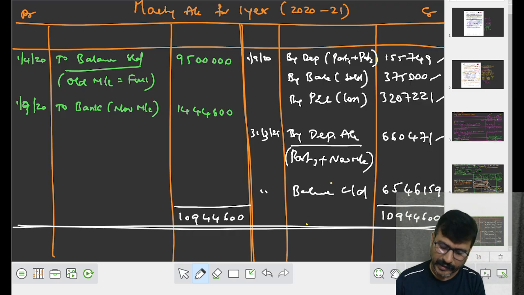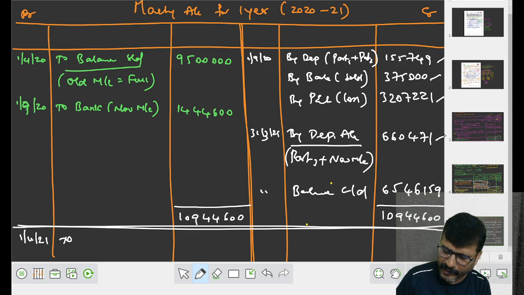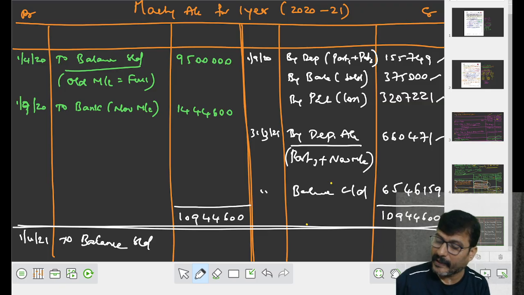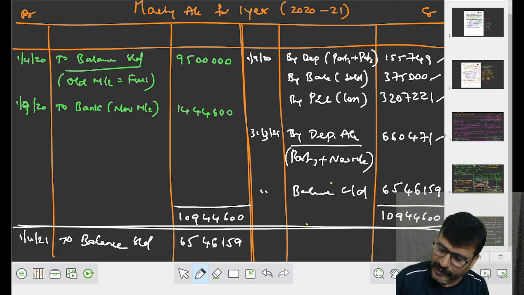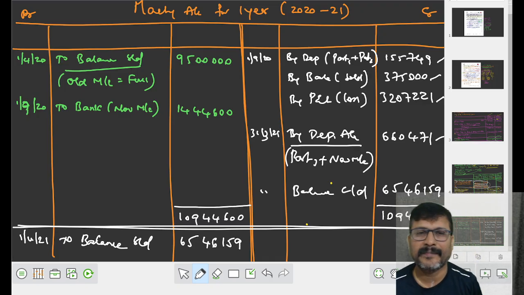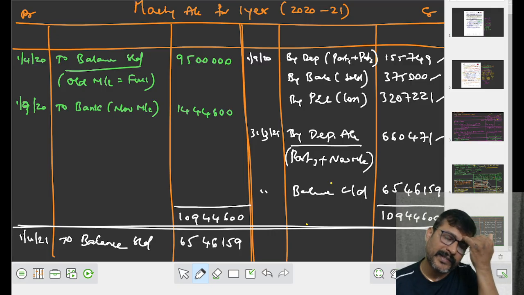That is the carry down. Then on 1st April 21, brought down. To balance brought down as 65 lakh 46,159. I hope you got it, my dear students, right?